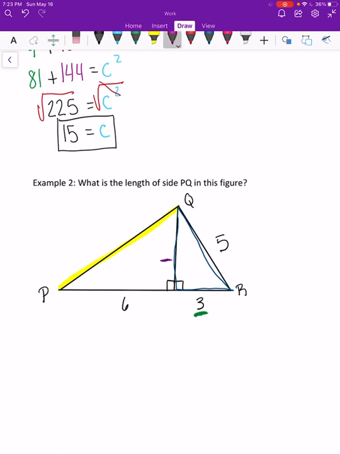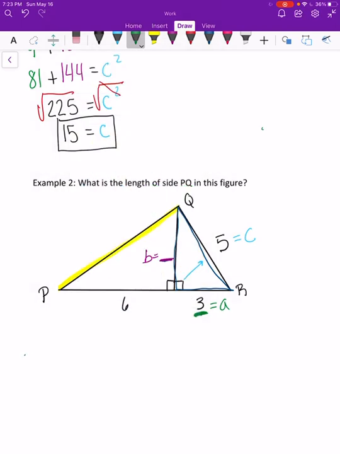It doesn't matter what a and b are, but since 5 is opposite of my right angle, this is my c. So let's find out what b equals here, and then we can use that side to help us find that yellow highlighted portion.